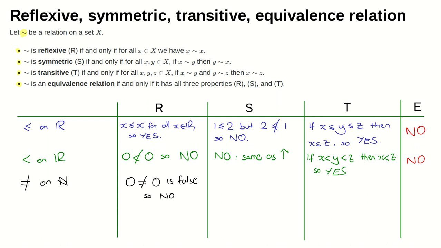On the other hand, it is a symmetric relation, because if x is not equal to y, then also y is not equal to x. So not equal to is symmetric.